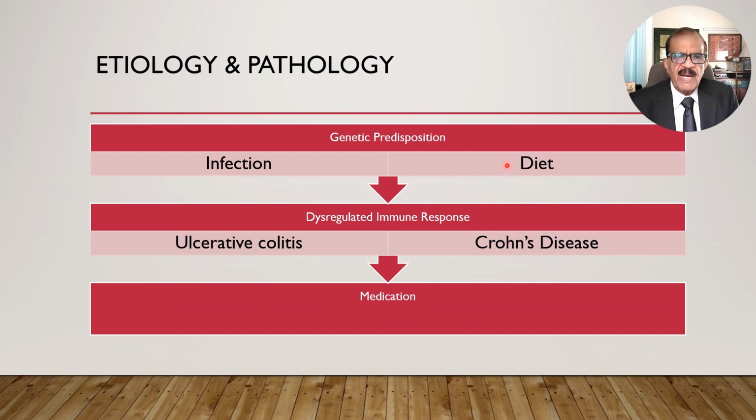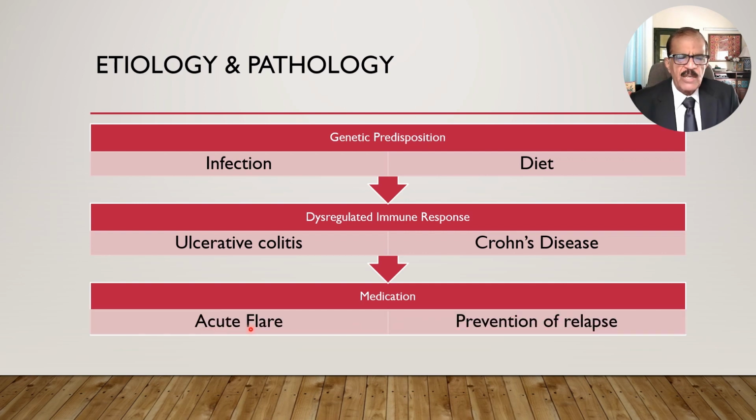It is also postulated that some medication with diet also triggers this disease process. So with medication we try to control this condition, and since this disease is characterized by flares and remissions, we first of all try to control the acute flare. Patient comes with acute symptoms, we try to control that flare, but then we must maintain some treatment to prevent relapse because there is no curative treatment.